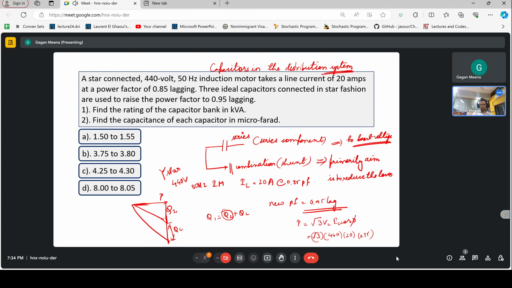So it is star connected. The QC is known, it is 3.778.